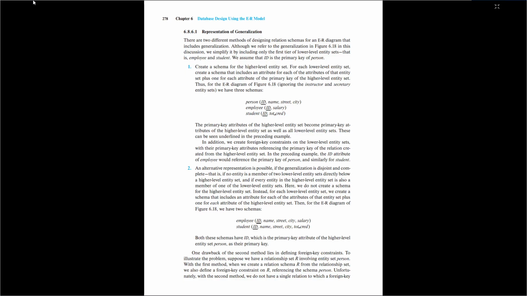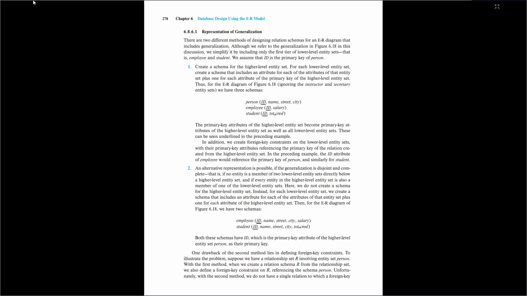1. Create a schema for the higher-level entity set. For each lower-level entity set, create a schema that includes an attribute for each of the attributes of that entity set plus one for each attribute of the primary key of the higher-level entity set. Thus, for the diagram of Figure 6.18, ignoring the instructor and secretary entity sets, we have three schemas: person (ID, name, street, city), employee (ID, salary), student (ID, tot_cred).